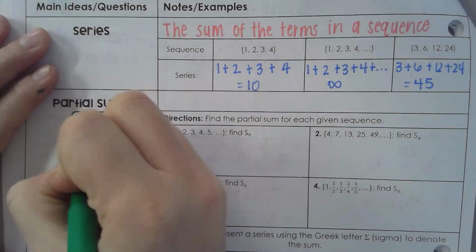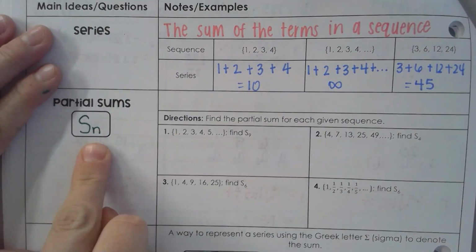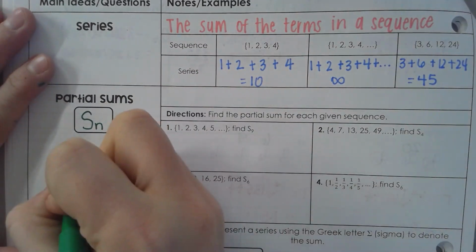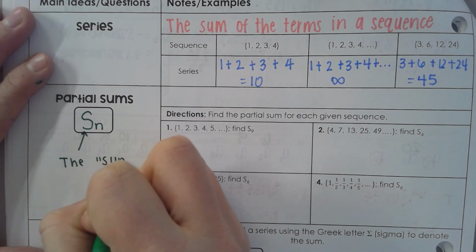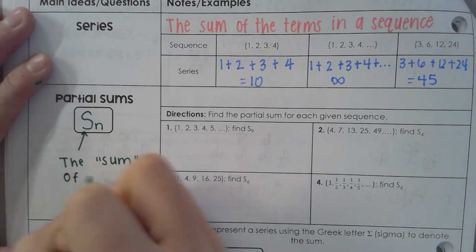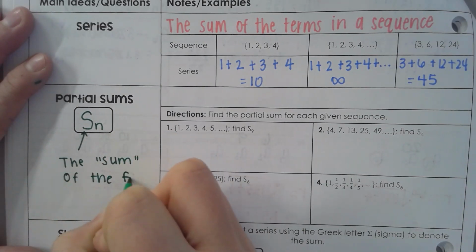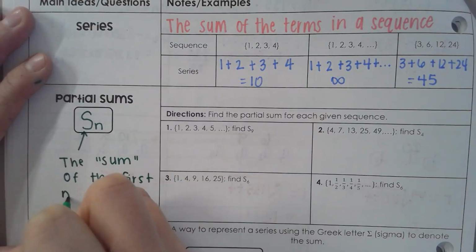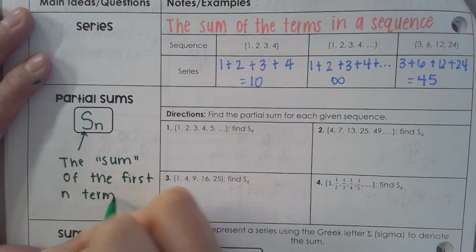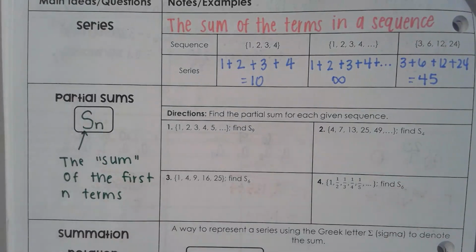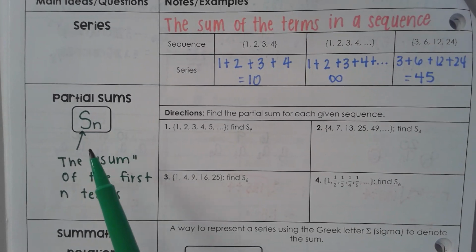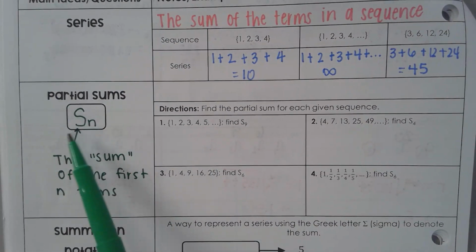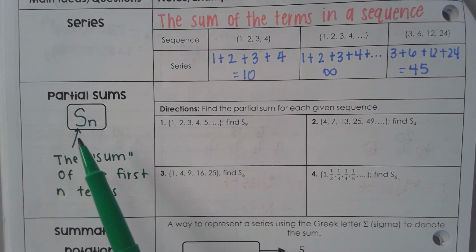So if you see S with a little number, that means the sum of the first n terms. So if it's S with a 5, that means I would be asking you to find the sum of the first 5 terms. So when you see an S with a little number, that's the sum.